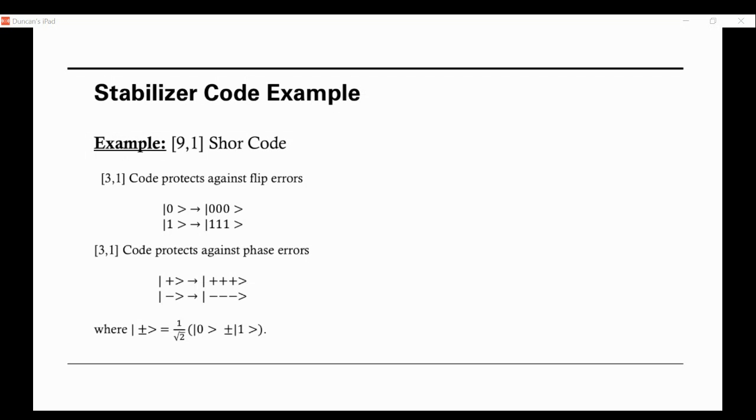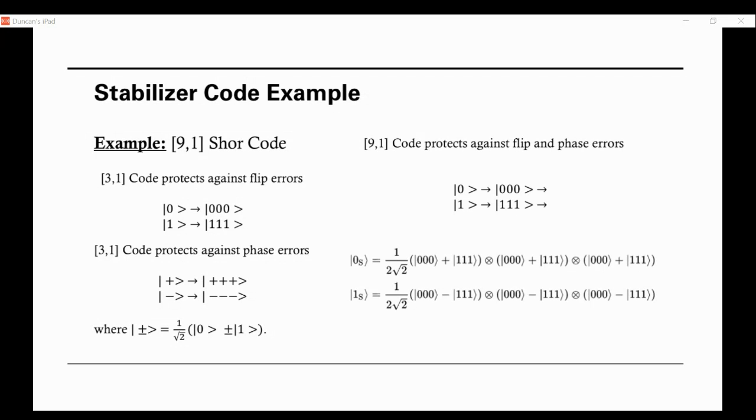Similarly, if you want to protect against phase errors, you can take the Hadamard basis states that I give there at the bottom, that plus minus, and just triple those as well. And so if we want to protect against flip errors, you do the first one. You want to protect against phase errors, you do the second one. You want to protect against both, you just concatenate them.